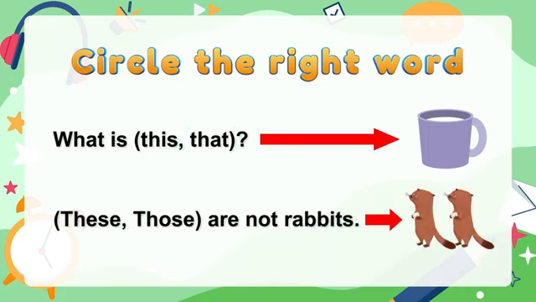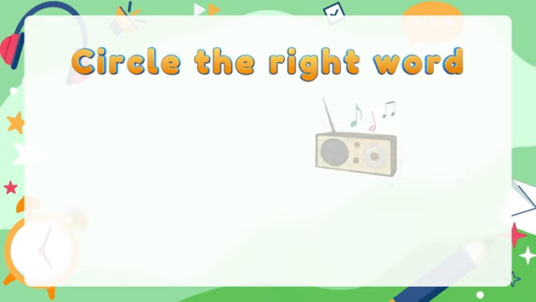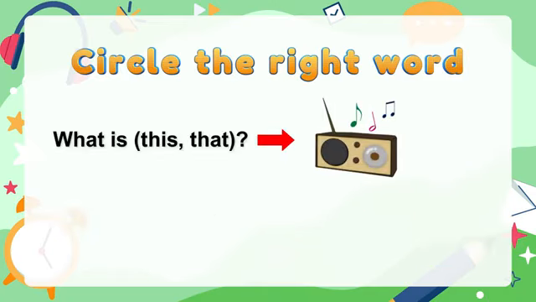These, those are not rabbits. The arrow shows nearby. These talks about things nearby. These are not rabbits. What is this, that?